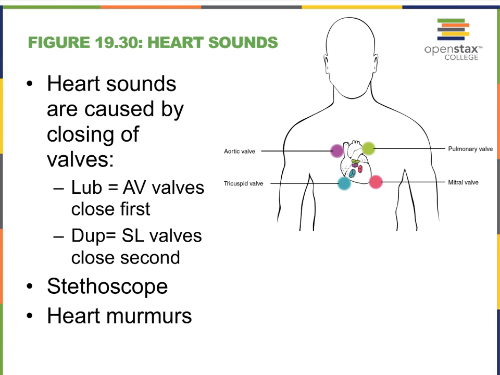Now down the road, you're going to learn how to exactly position your stethoscope, because of course that's the instrument that you use to listen to a person's heart sounds. And when you learn to more specifically position your stethoscope, you will be able to distinguish the sounds between all four valves. But if we just listen to our heart with our bare ears, we hear a lub and a dub, and that represents the closing of AV versus semilunar valves.